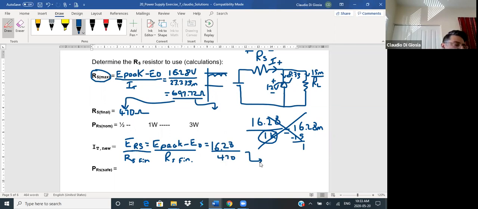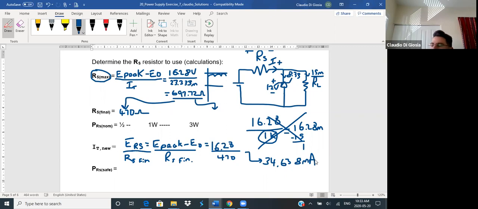So 16.28 divided by 470 is equal to 34.638 milliamps. Excuse the handwriting there.